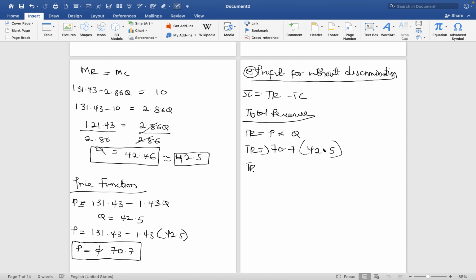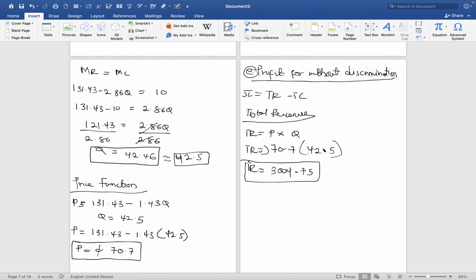So total revenue is equal to 70.7 times 42.5, which is 3004.75. So this is our total revenue.